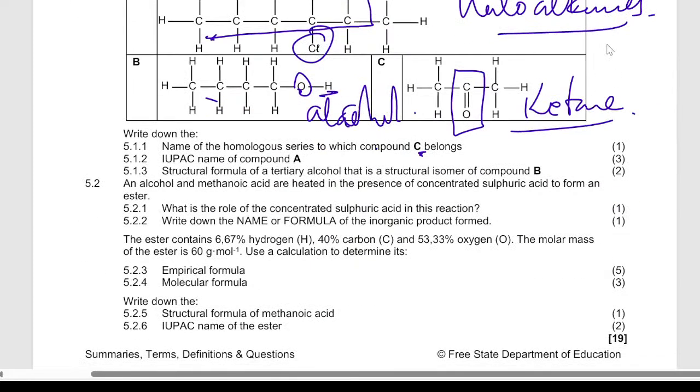So you didn't read what I gave. What's the functional group for a ketone? It's about oxygen and C double bond O. So what is its functional group?